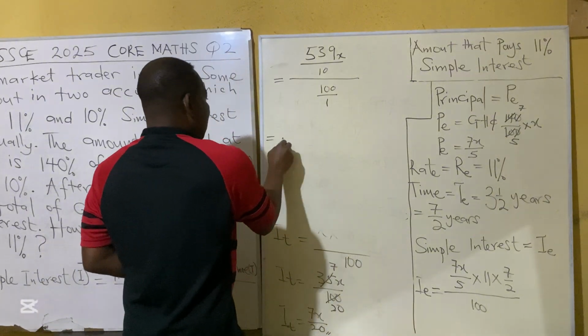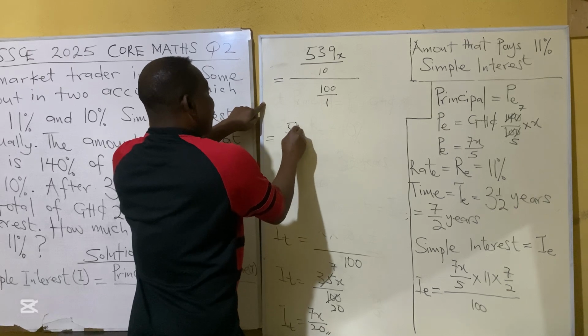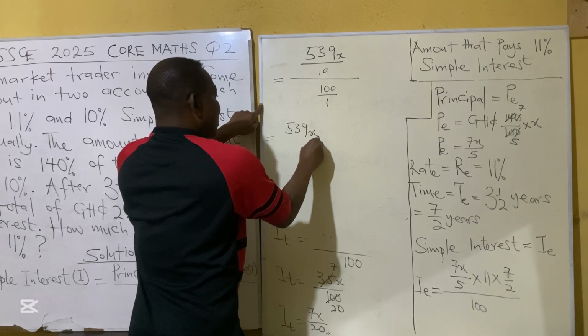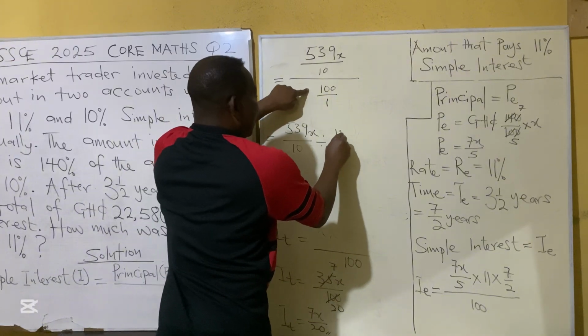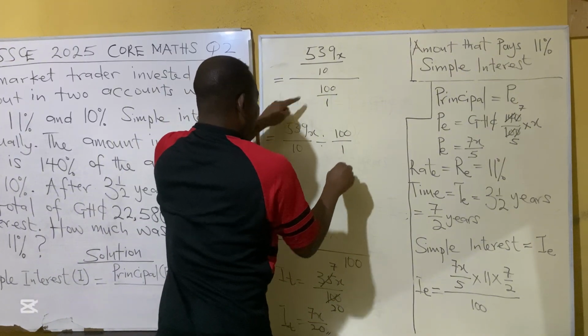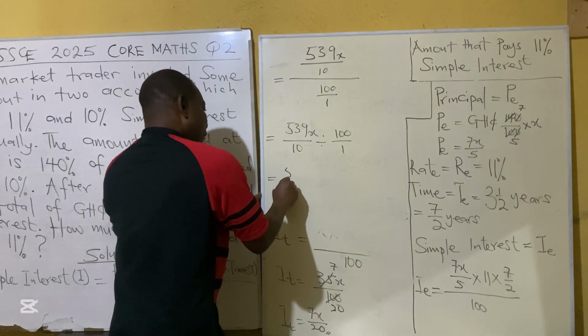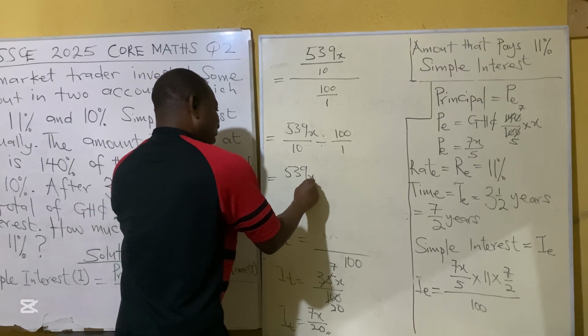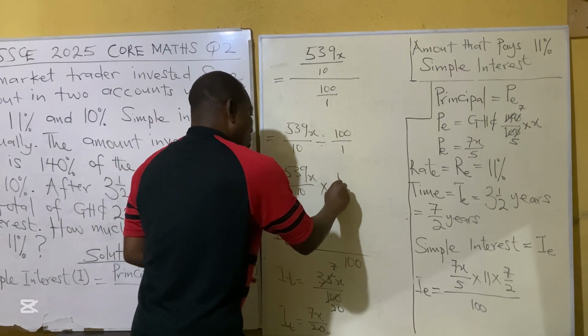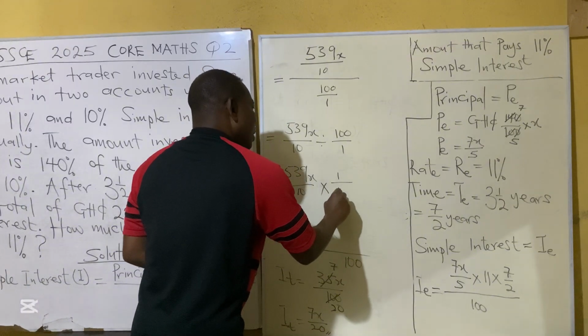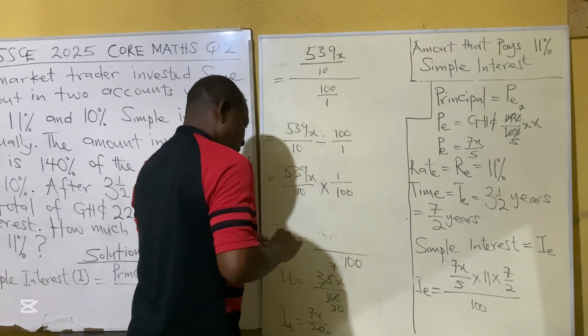So this is 539x over 10 divided by 100 over 1, which is 539x over 10 times the reciprocal, 1 over 100.